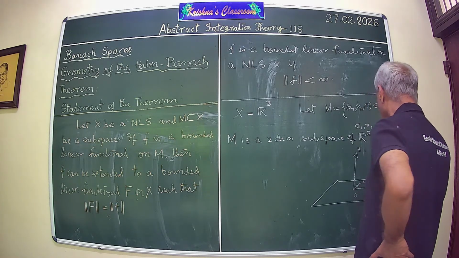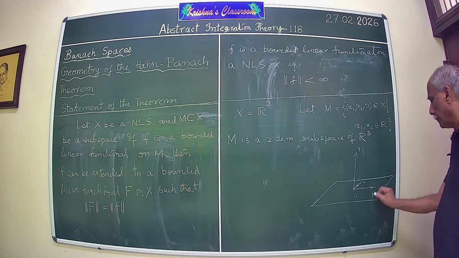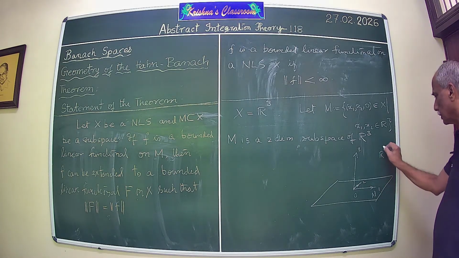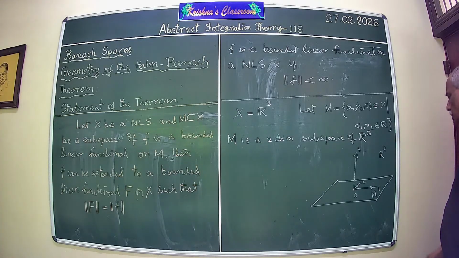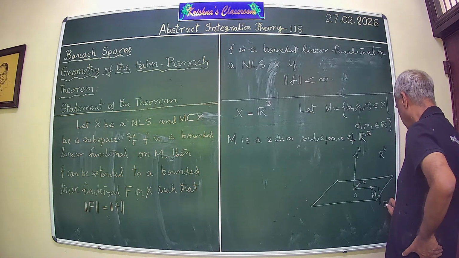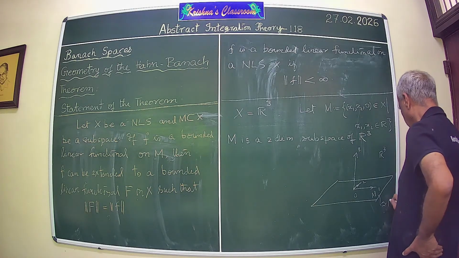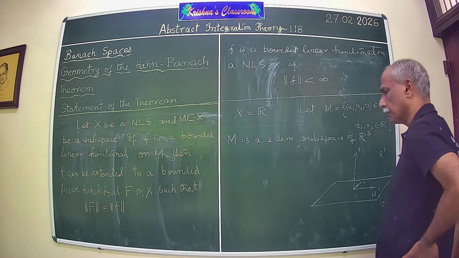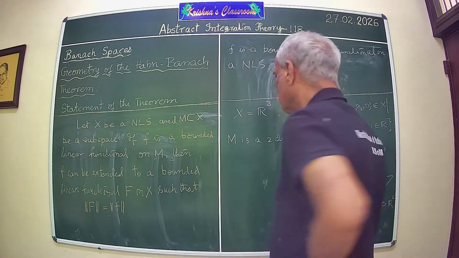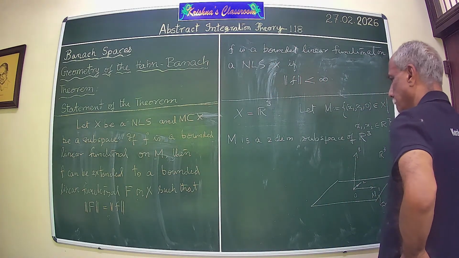So these are the axes, coordinate axes. So this is your space and the whole space is R3. So M is actually equal to a copy of R2, so isomorphic to R2. Now what does it say?